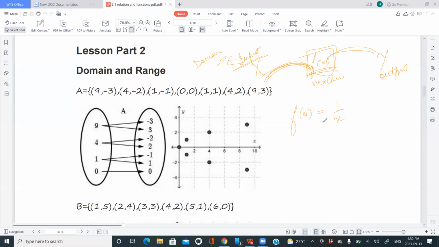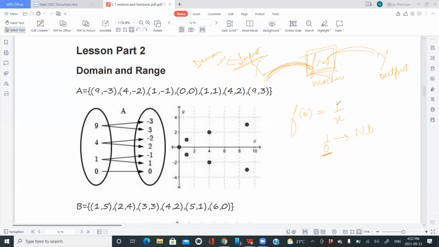But if you put 0 in here, it will become 1 upon 0, and 1 upon 0 is not defined, because in mathematics we don't have this kind of number. So if we put 0 in place of x in this function, it will not be defined.